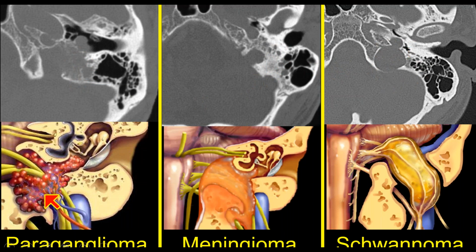When we think about the MRI characteristics, with a paraganglioma, we have salt and pepper. The pepper is the flow voids, the dark T1 signal, and the salt is a little bit of bright T1 signal that we think about as slow flow or hemorrhage or blood that may happen within the lesion itself. So paraganglioma on MRI is salt and pepper.